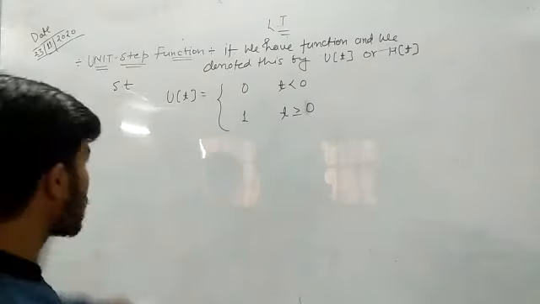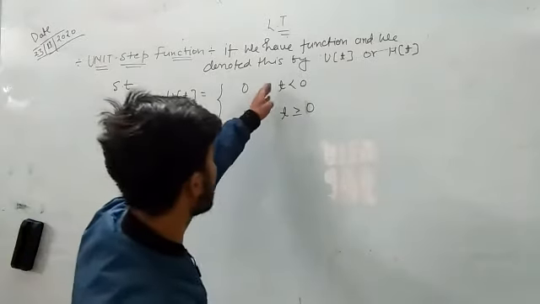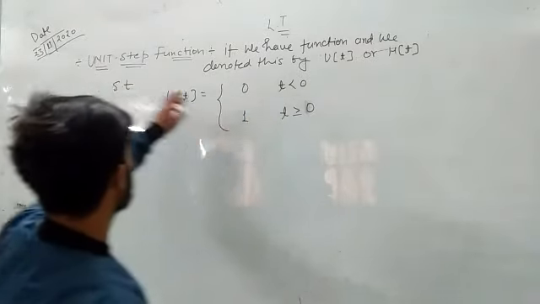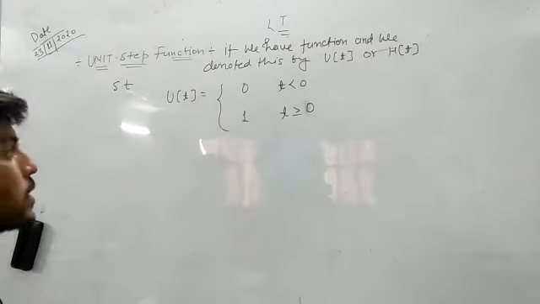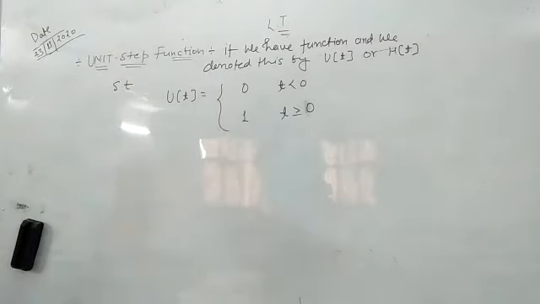Any function of this form, 0 and 1, is called the unit step function. Okay, so this is a simple definition of the unit step function.